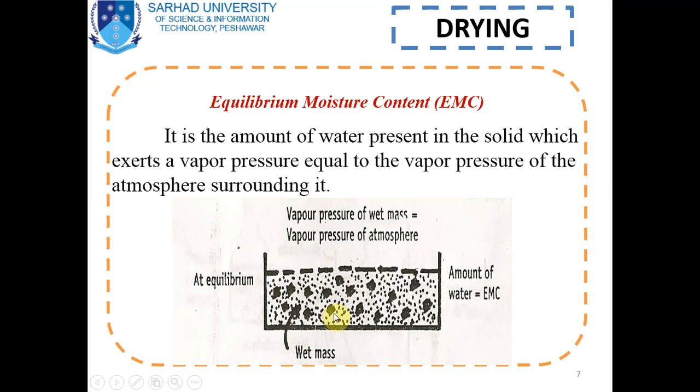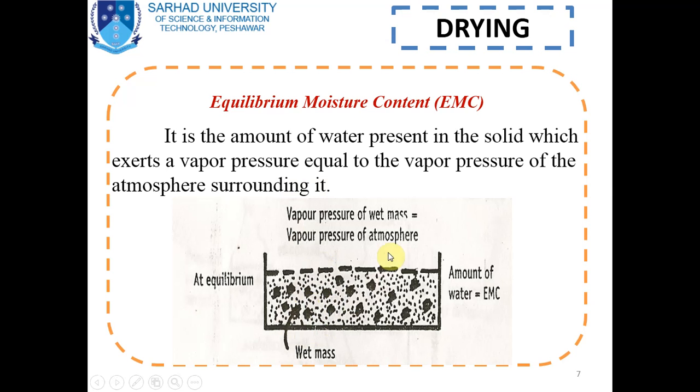Consider this diagram in which we have a solid material, a wet mass, and the wet mass has some quantity of moisture or water content, and this moisture content has a vapor pressure.